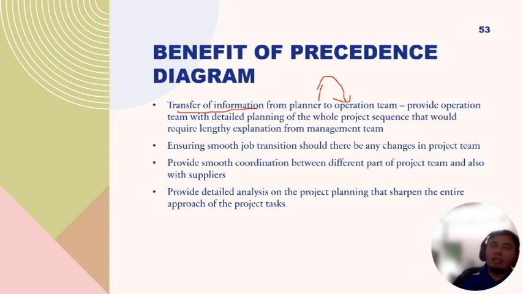So the operation team can plan out their actual work and then realize the activity up until completion. Having this precedence diagram will save you a lot of time having to explain the work activity to your operation team.